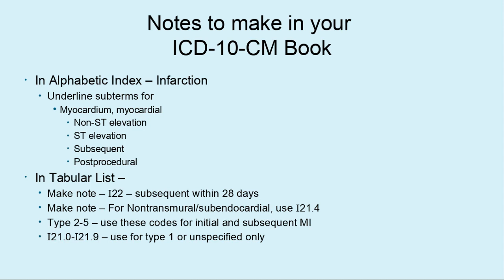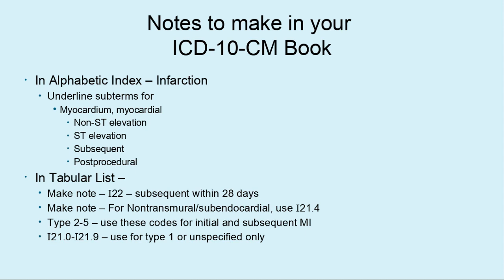In the tabular list, I would circle the code also and use additional code notes so you be sure to see them. They're easy to miss when you're in a hurry trying to code. So if you have those circled, you're more likely to see them. Make a note under I22, subsequent within 28 days.